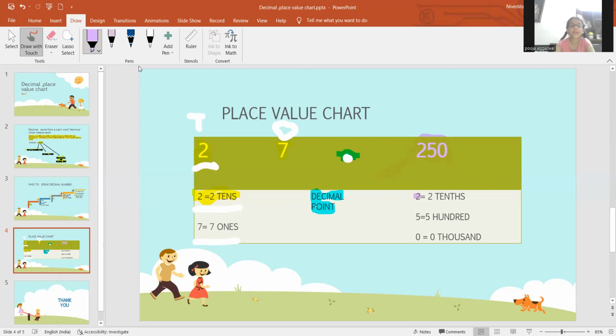We simply add th at the end of the place names: tenth place, hundredth place, thousandth place.